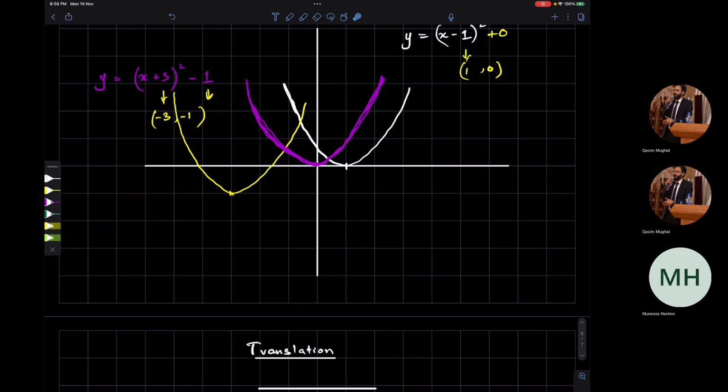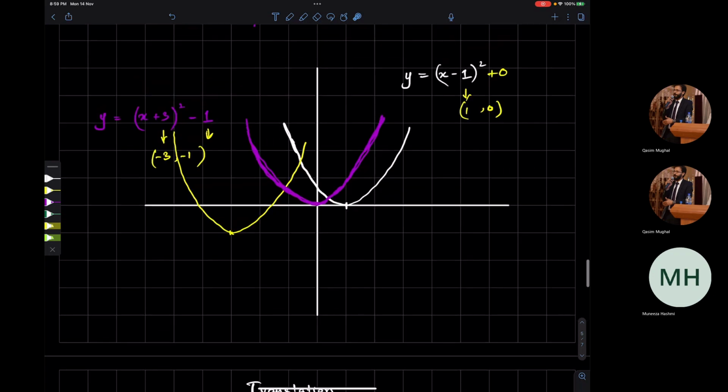Okay, now if you look at this white graph, it is the same purple graph, but it has been translated to the right by 1 unit. Now, what has happened to its equation? Can you see that?